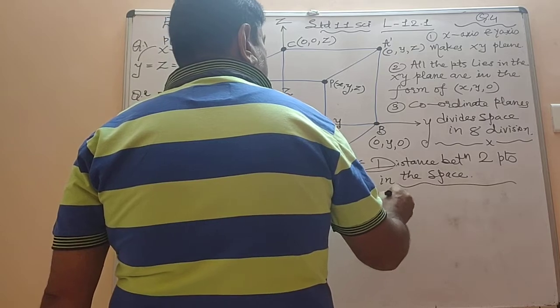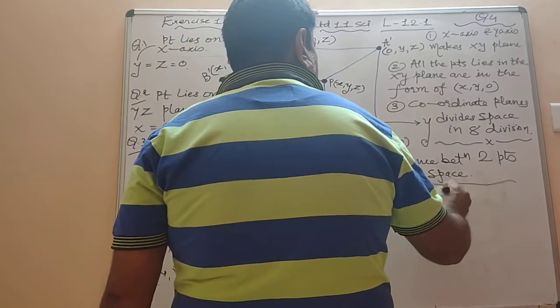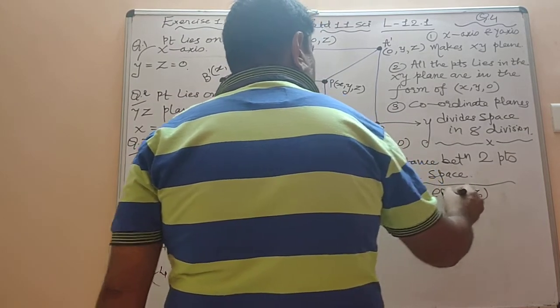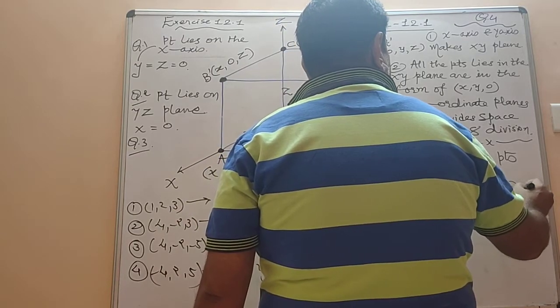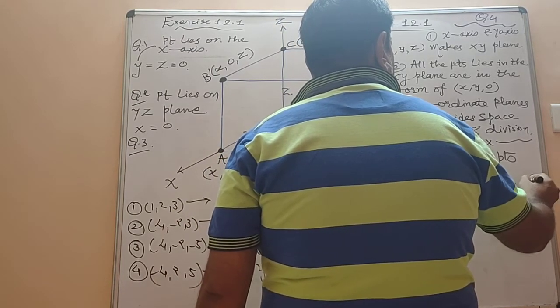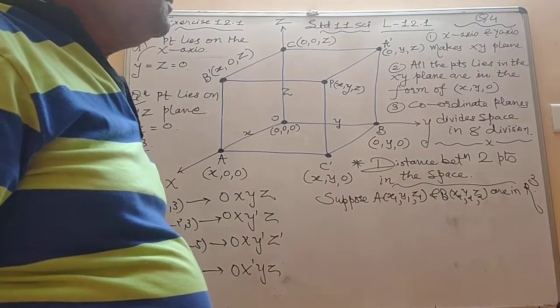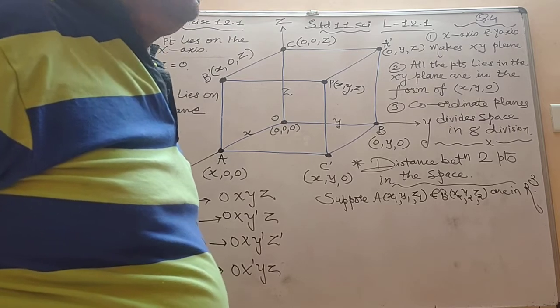Suppose A is x1, y1 and z1 and B is x2, y2 and z2, both are in space. Space is denoted by R cube.